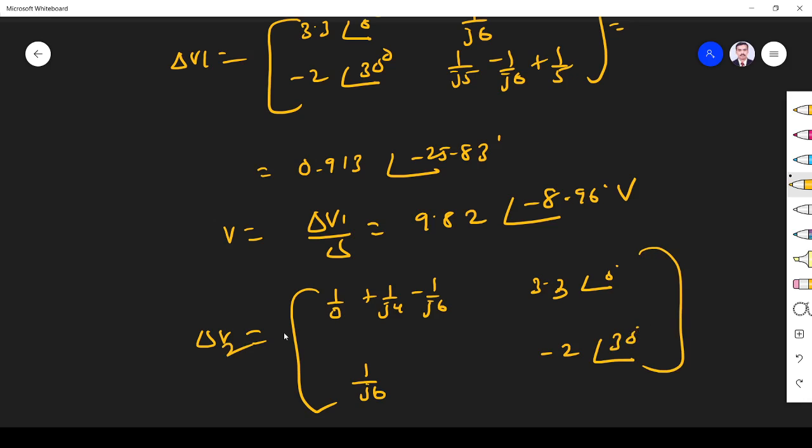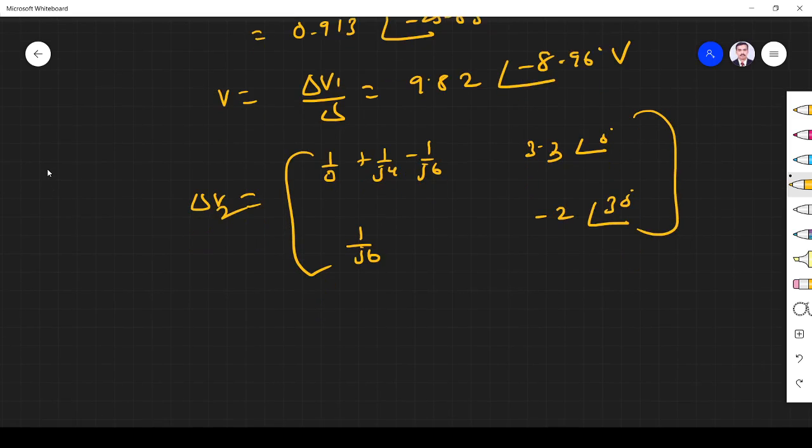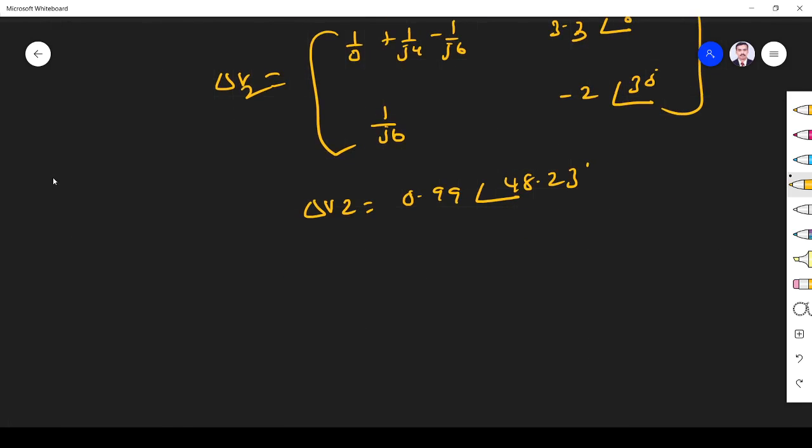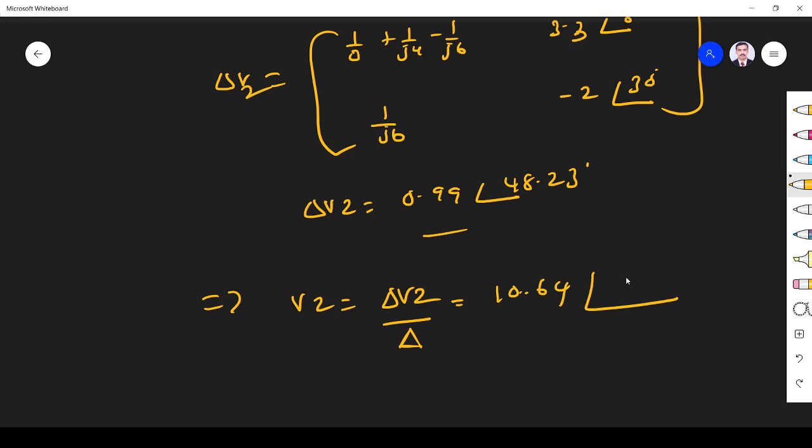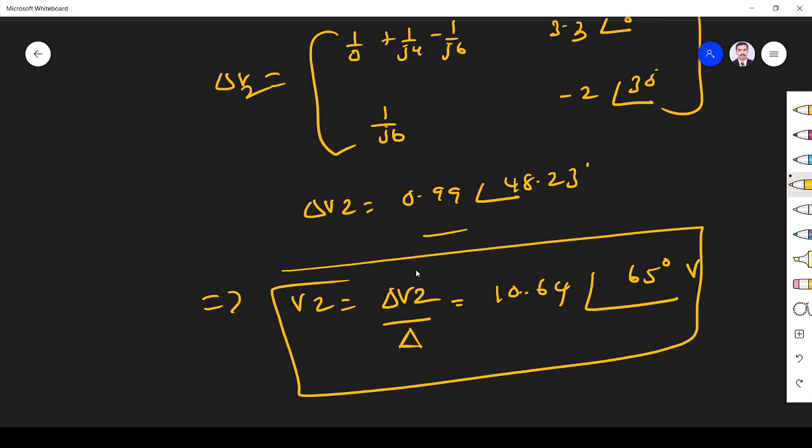This is del V2. So this indicates del V2 is equal to 0.994 angle 8.23 degree. So V2 is equal to del V2 divided by del, which we got already. Simplify this, you get 10.6465 volt. So in this way we can find the voltage at a particular node.